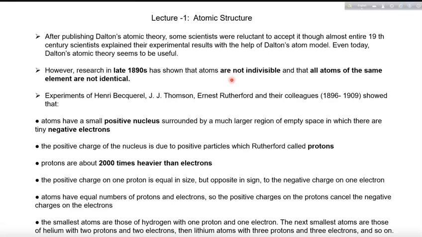You see, protons are about 2,000 times heavier than electrons. That also I discussed in the last YouTube video. But then to become a neutral atom, we have to have an equal number of electrons, which are negatively charged.